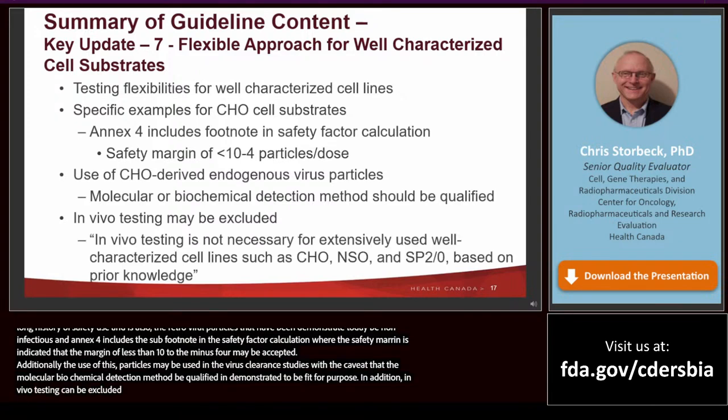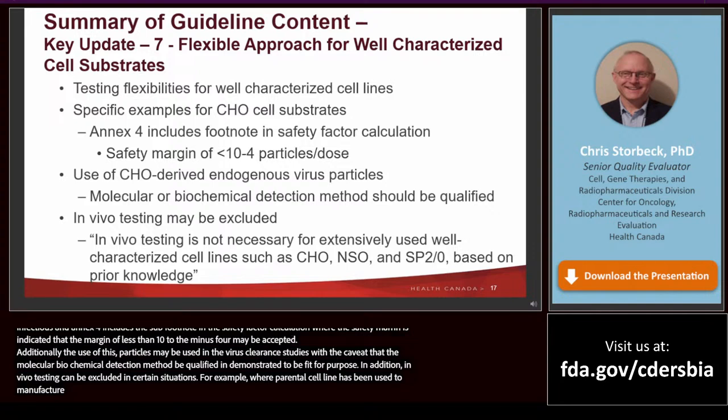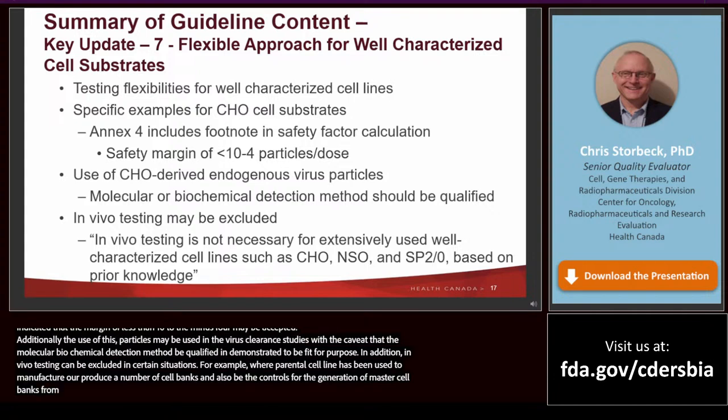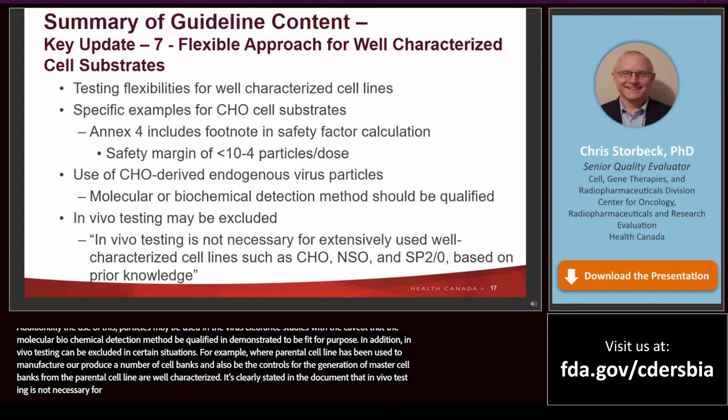For example, where a parental cell line has been used to manufacture or produce a number of master cell banks, and also the controls for the generation of master cell banks from that parental cell line are well characterized. So it's clearly stated in the document that in vivo testing is not necessary for extensively used, well-characterized cell lines such as CHO, NSO, sp20, based on prior knowledge.